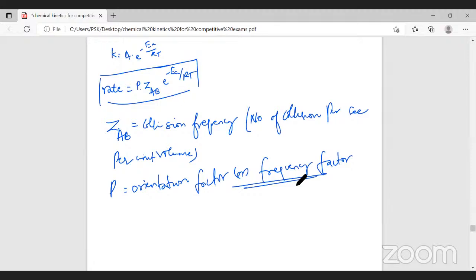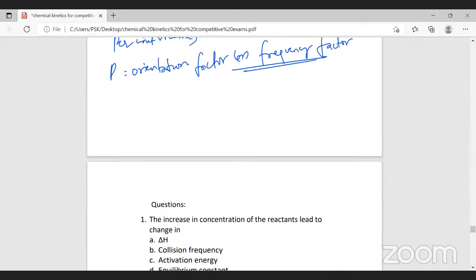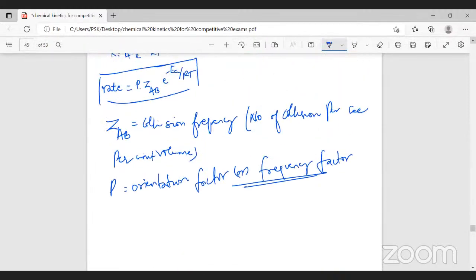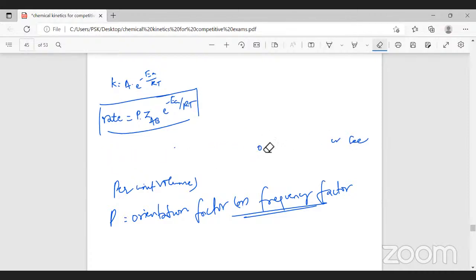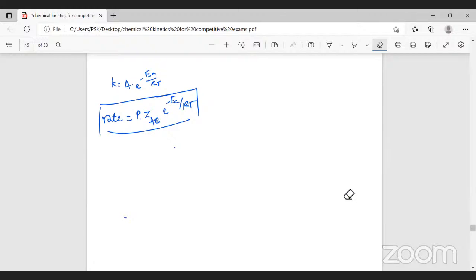Now just observe. Do you remember that in your school or in college, they would have taught you the SN1, SN2 mechanism? Have you learned SN1, SN2 mechanism in organic chemistry? Yes, sir. Now, what does SN2 stand for?